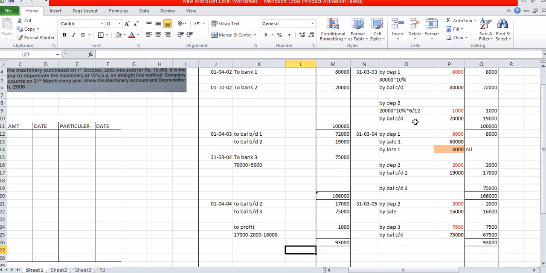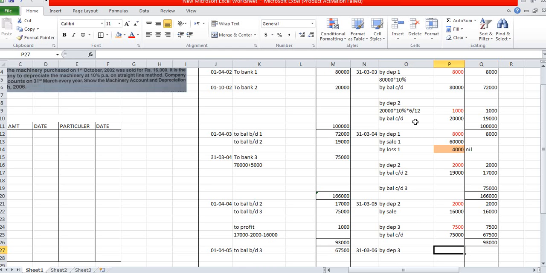Now the second machine also sold, so let's come to the 1st April 2005, to balance brought down third, the amount is 67,500. 31st March 2006, by depreciation third.